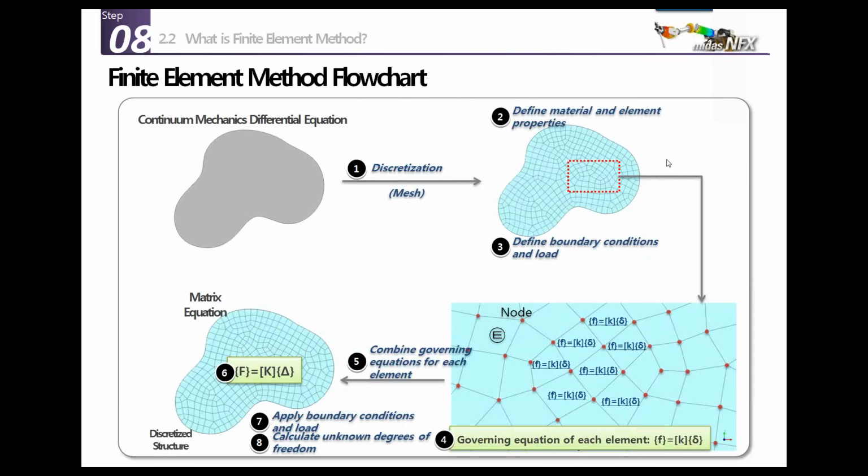To give you a simple flow chart, you have the first model, which is a continuum mechanics model. The first step is to discretize this model into small elements, and then you'll have to define the boundary conditions on the model and the loads. And then the governing equation will be solved for each element.